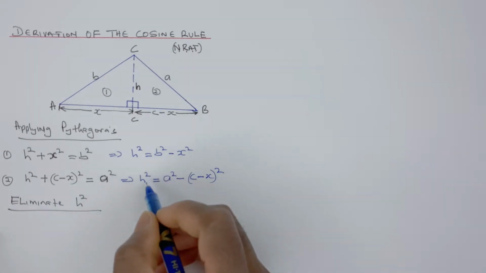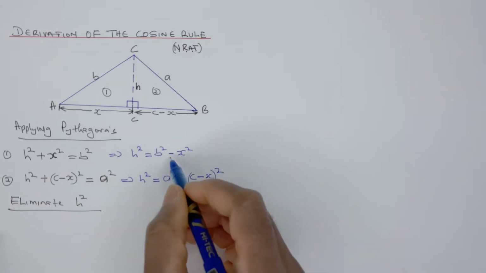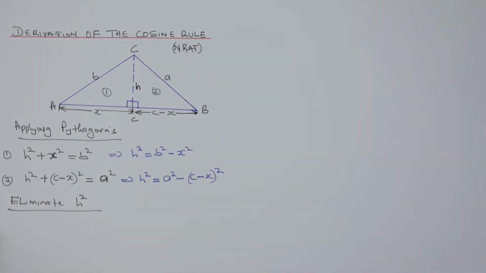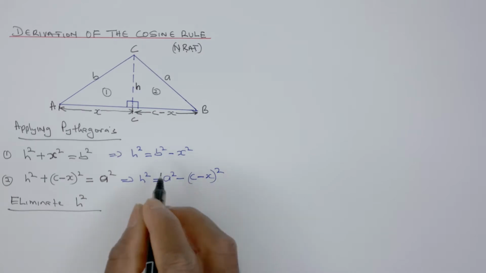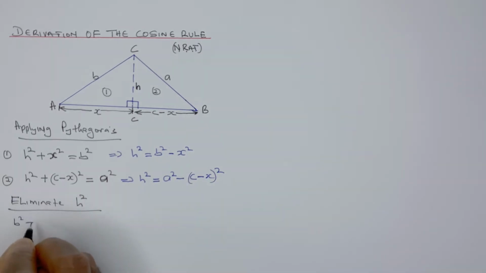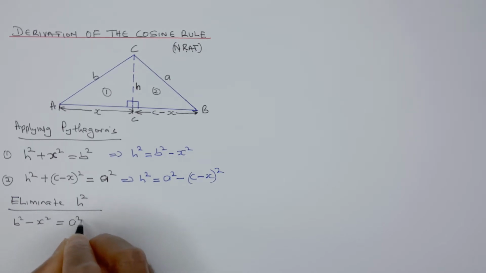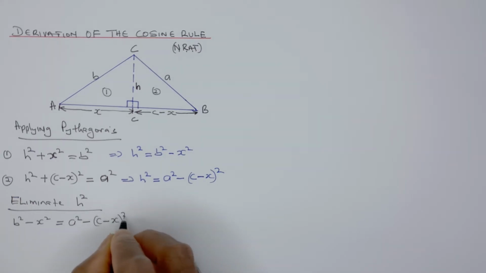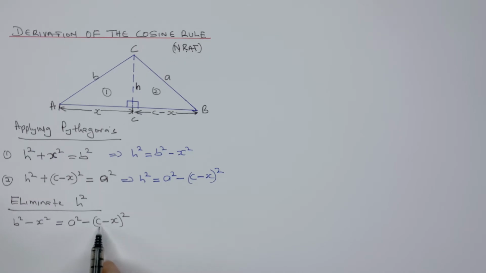So now both of them are equal to each other. Therefore, the right-hand sides will be equal: b squared minus x squared equals a squared minus c minus x all squared. So I need to expand c minus x all squared, remembering the expansion to power 2.